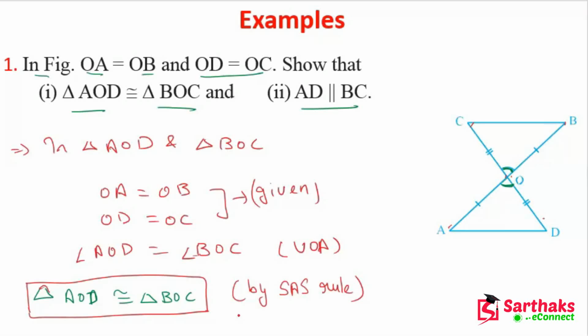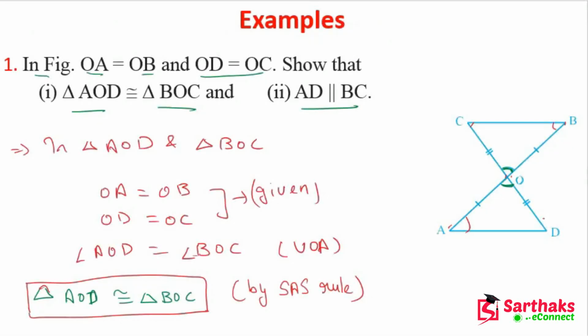Now we can say that the other corresponding parts are also equal. So angle OBC is equal to angle OAD by CPCT.